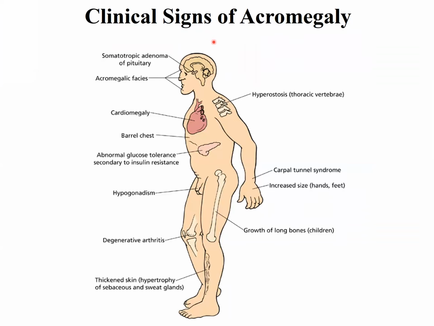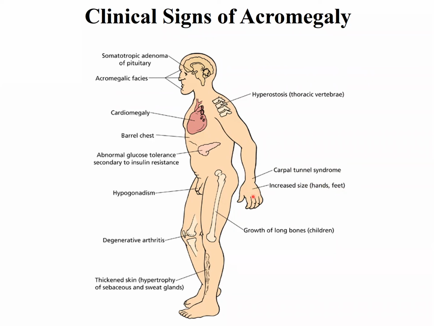Now, the clinical symptoms and signs of acromegaly: usually the acral areas are affected. So this is on the face, on the nose, and cardiomegaly can develop, barrel chest, and hyperostosis of the thoracic vertebrae can happen, carpal tunnel syndrome, so the nerves are compressed, and increased size of hands and feet.